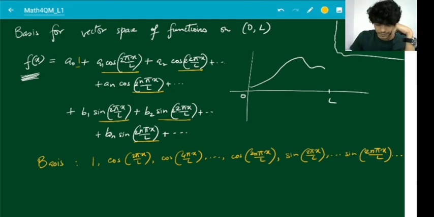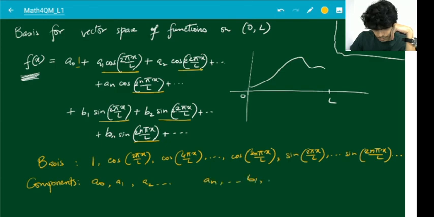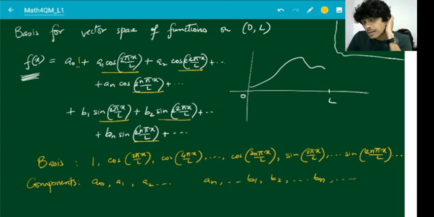So these are your basis vectors, and the components are a0, a1, a2, an, b1, b2, bn. And of course, this is an infinite series, which means there are an infinite number of basis vectors. So the set of functions is actually an infinite dimensional vector space.